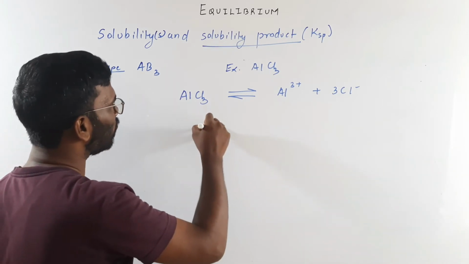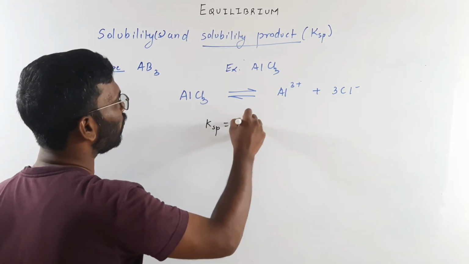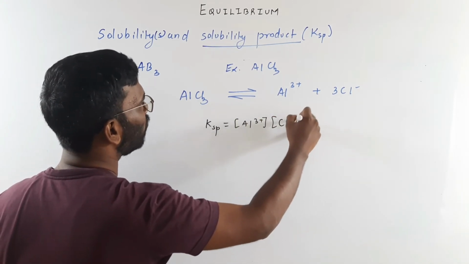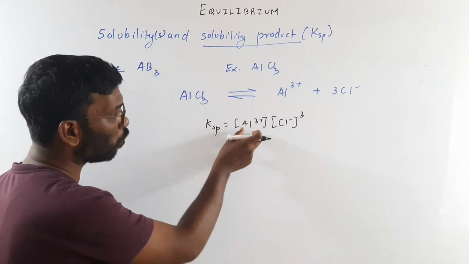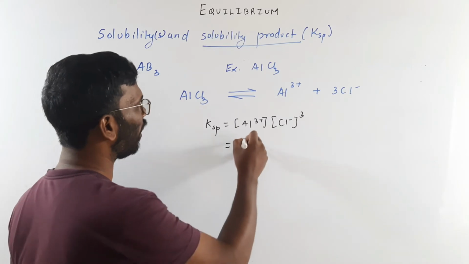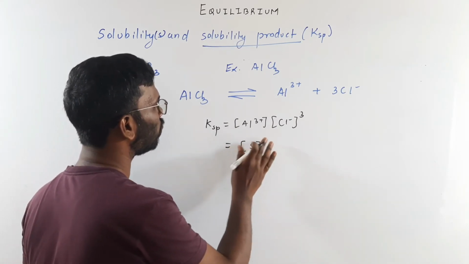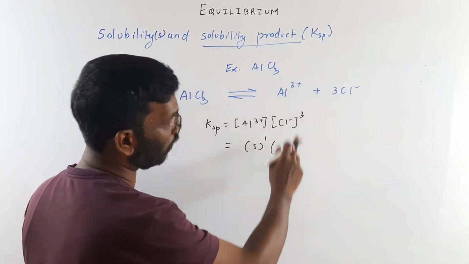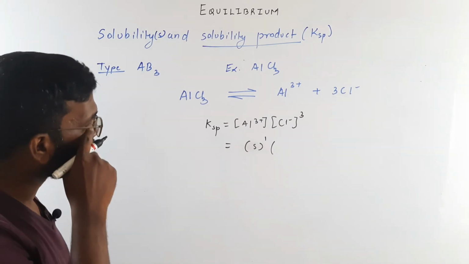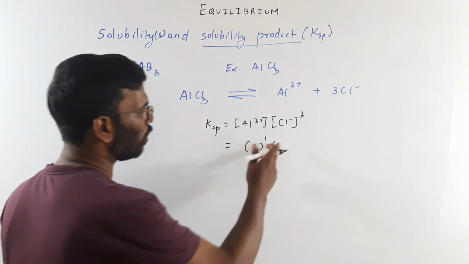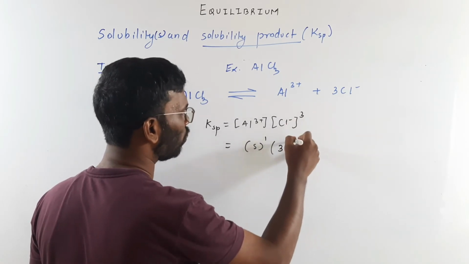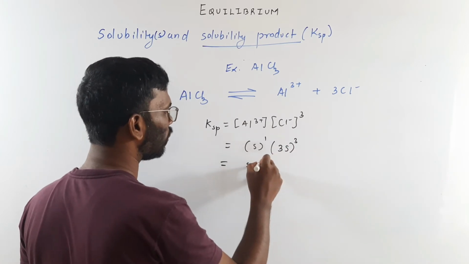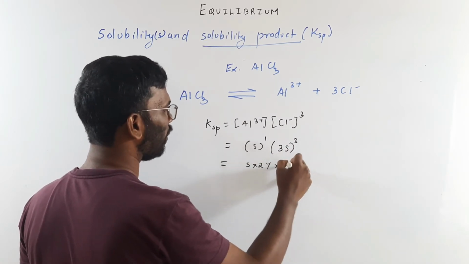So KSP for this is equal to the concentration of Al3 plus into the concentration of Cl minus raised to 3. Since there is one ion of aluminium, I will write solubility S raised to 1, and there are three ions of chlorine, so 3S raised to power 3. So this is S, and 3 raised to 3 is 27, and this is S cubed.